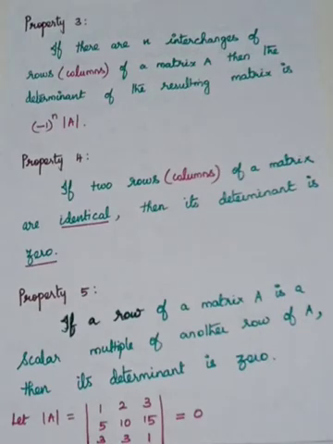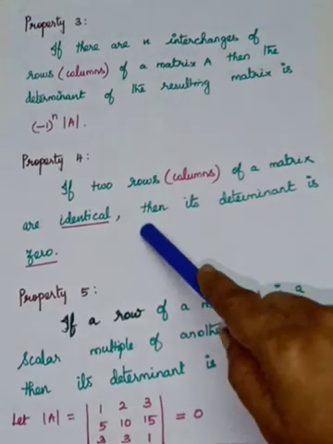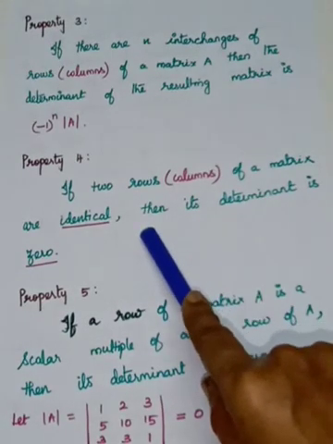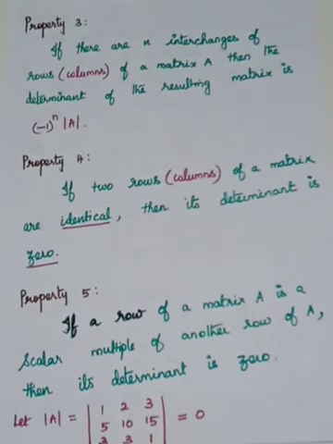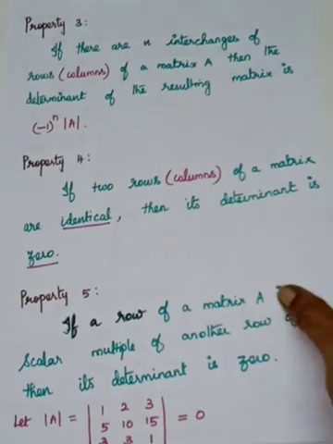So if two rows are proportional, then the determinant value is also 0. When two rows are identical, the determinant value is 0. According to the fourth property, if any two rows are identical, the determinant value is 0. According to the fifth property, if any two rows are proportional, the determinant value is 0.